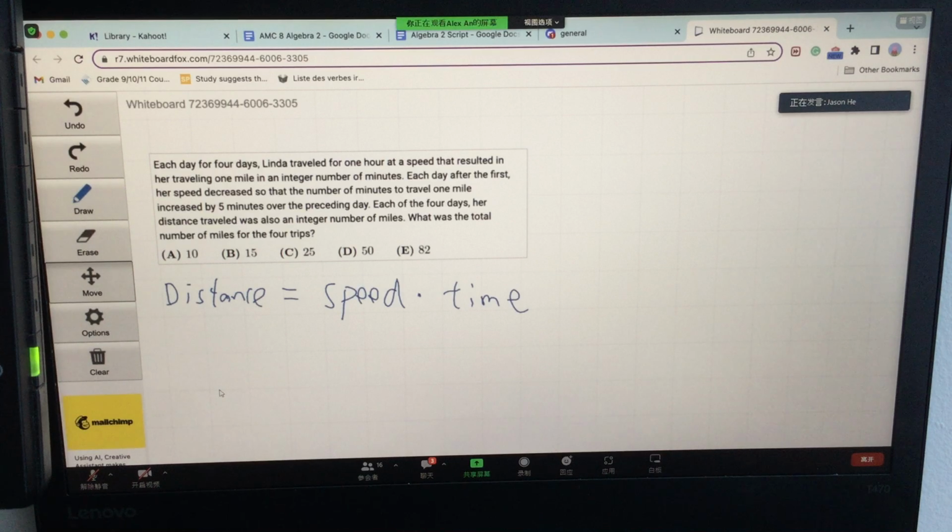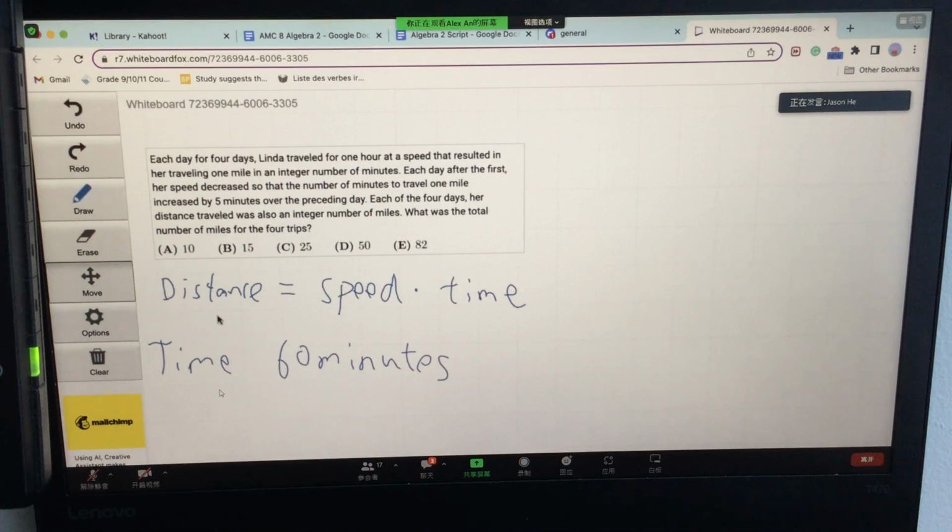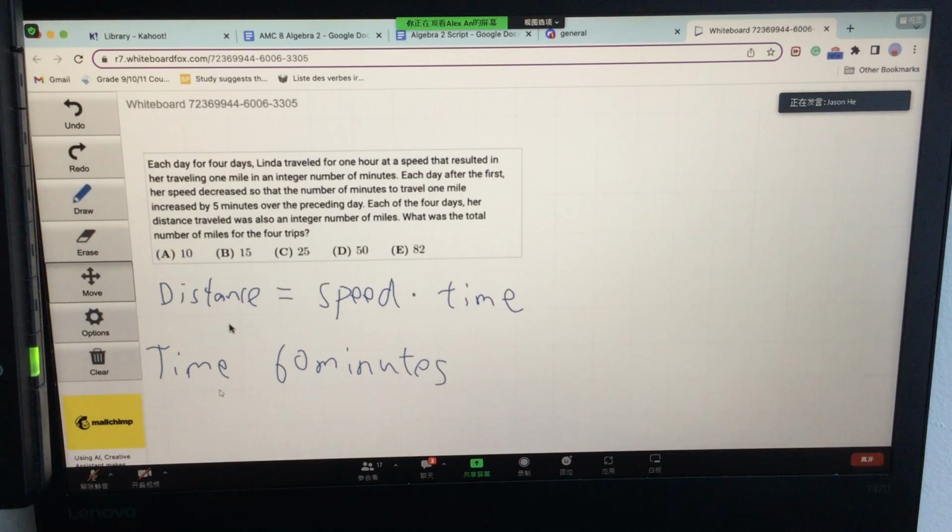The time is 60 minutes, or 1 hour. Let's say that on the first day, the speed is 1 mile per x minutes.